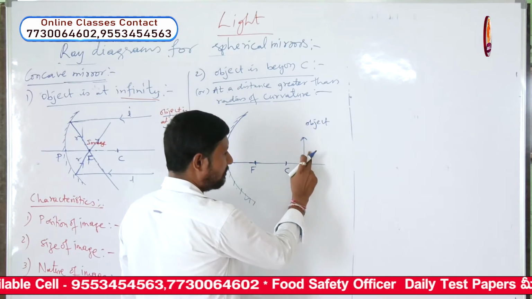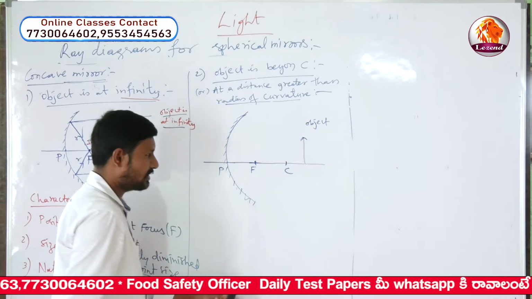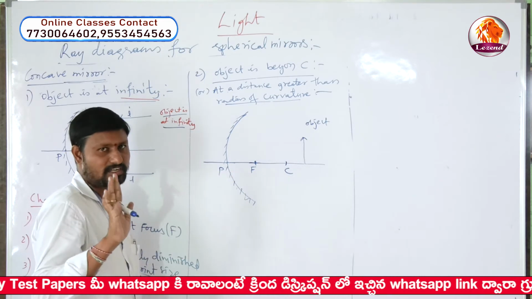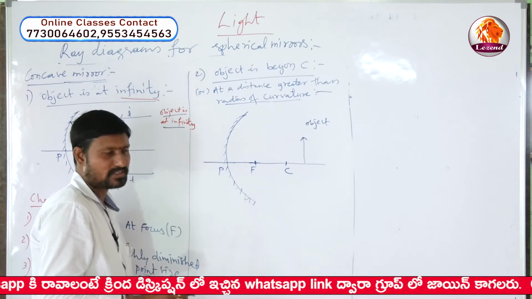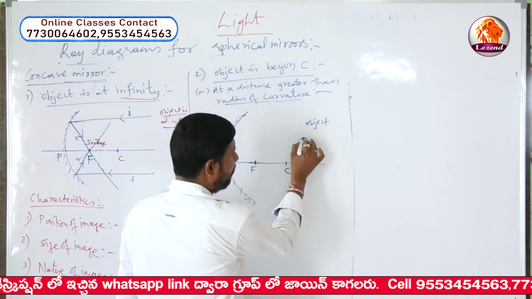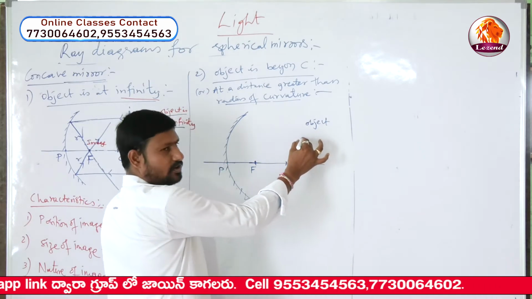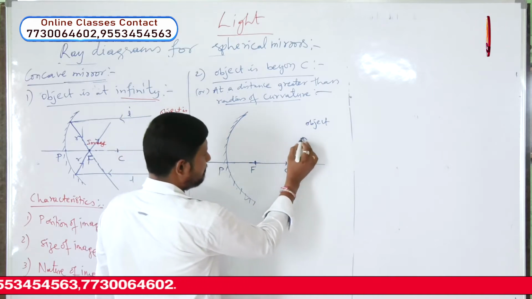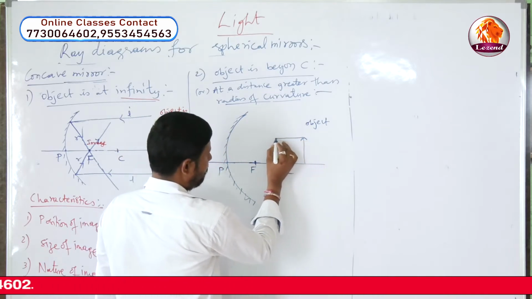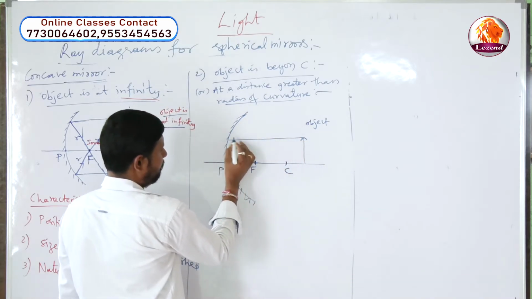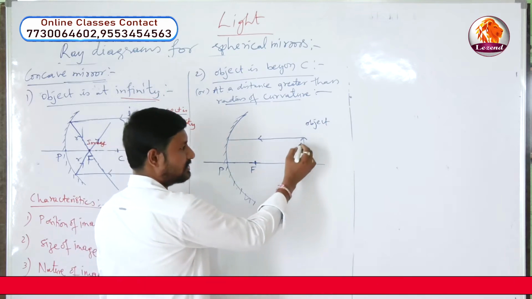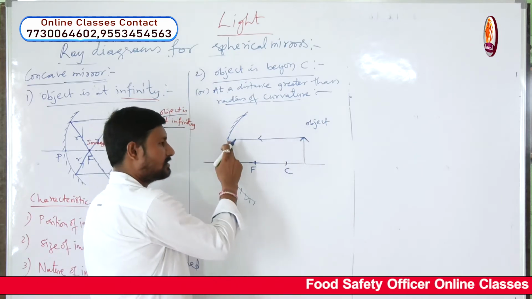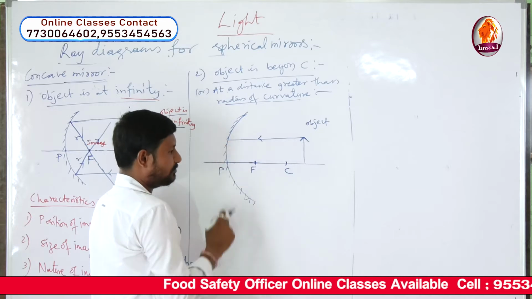To form an image of this object in front of the concave mirror, we should follow the two rules we have discussed. Number one, the first rule I would like to use. From the top of the object, one light ray we are taking which is parallel to the principal axis, like this. This ray is incident on the mirror at a particular point.